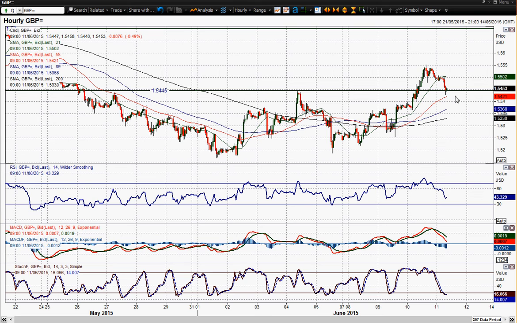So that 54.45 level is very important in the trading today. That's there on the daily chart, and obviously it is acting on the hourly chart as well.